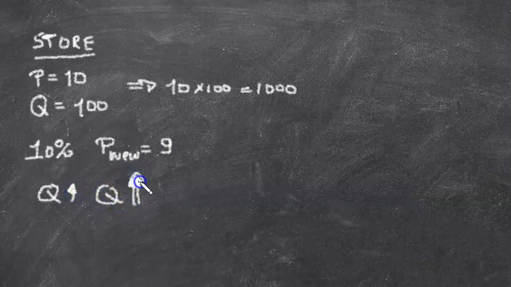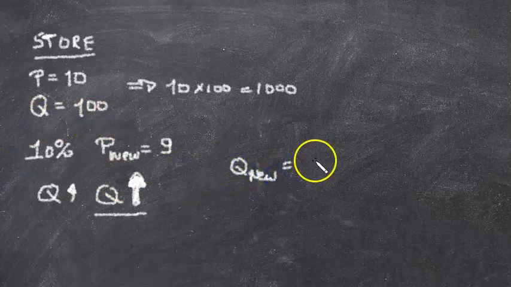And in this case, maybe that price decrease actually resulted in much more being bought, and the quantity demanded is very responsive to this decrease in price. Well, let's suppose that the quantity demanded goes from 100 up by 20%. So it goes to 120. So it rises by 20%.